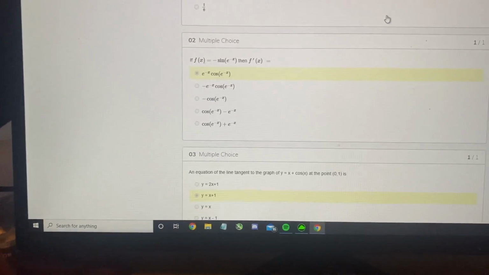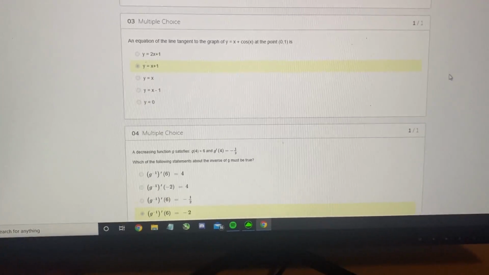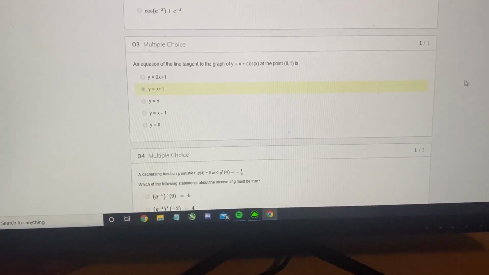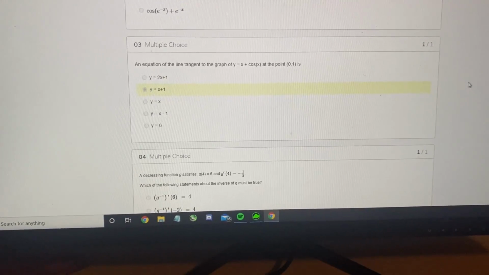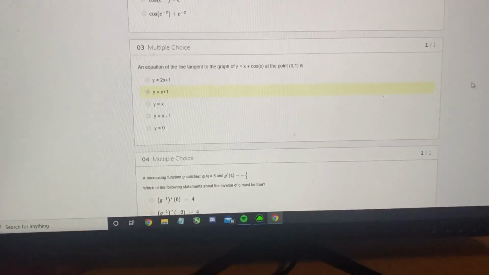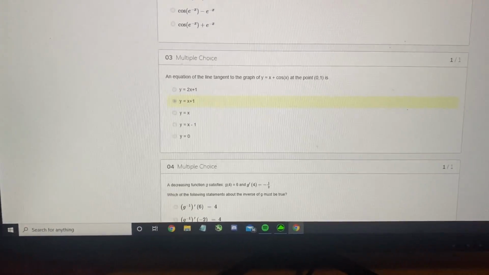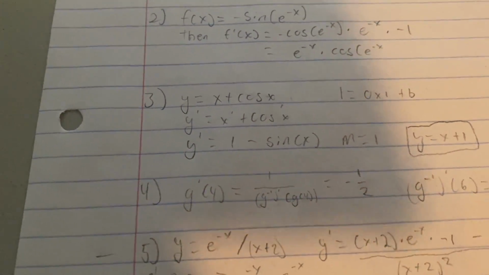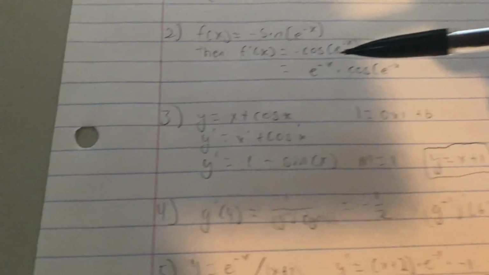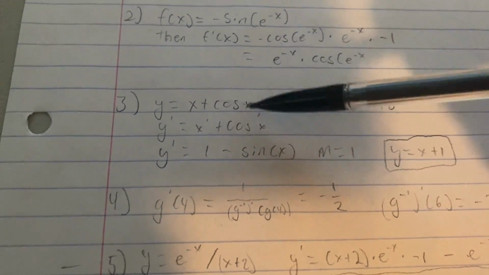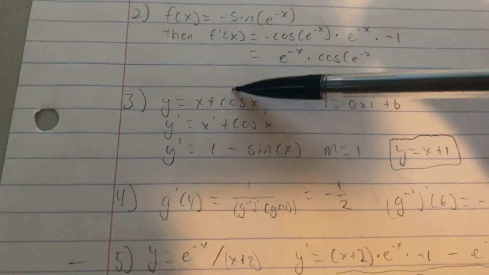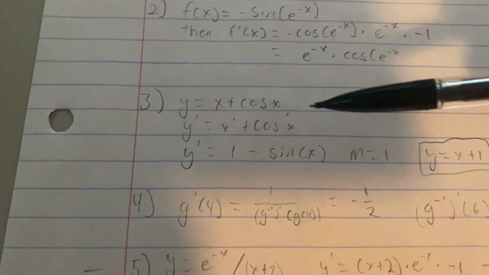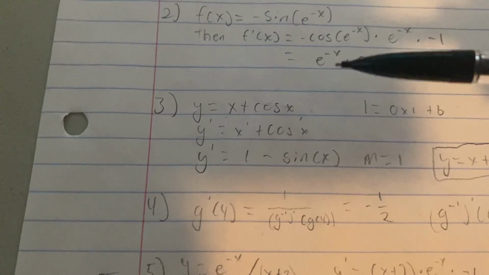Moving on to number 3: an equation of the line tangent to the graph of y equals x plus cosine x at the point (0, 1). In order to solve this problem, we have the parent function here, and we have to find the derivative. This is addition, I'm not sure of the exact rule, but you can find the derivative separately and add them.